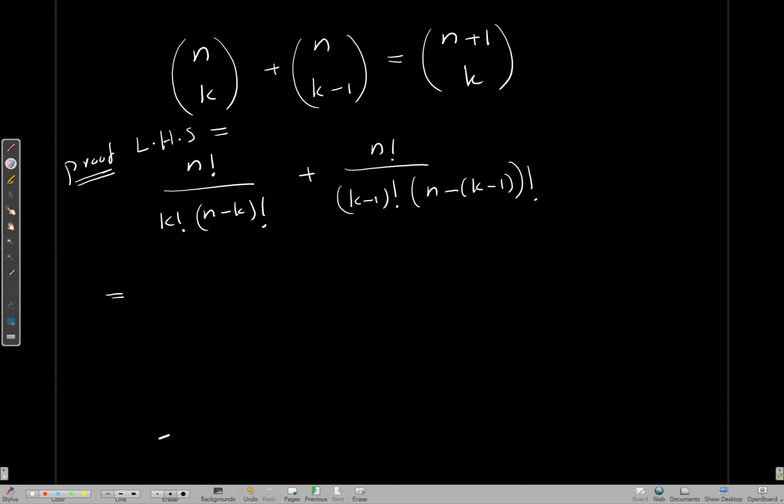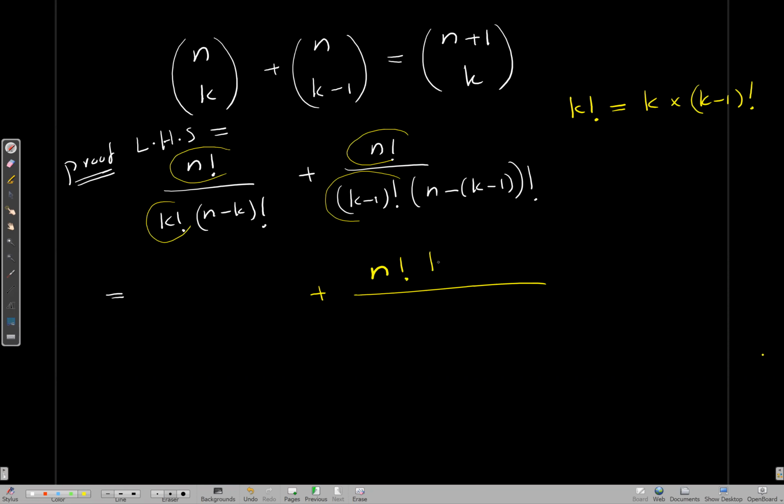We have to be a little bit careful here when dealing with factorials. I can see this term is common in the numerator, that's good. In the denominator, I see factorial k here, and factorial k minus 1 here. Now factorial k is k times factorial k minus 1. I'm going to use that to modify.